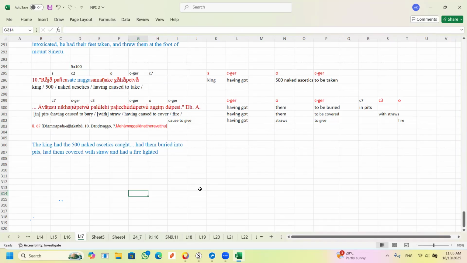And this word, can you see the word 500? Literally, it's not 500. It means more than 100, or greater than 100. Usually they say 500. It's definitely not 500.